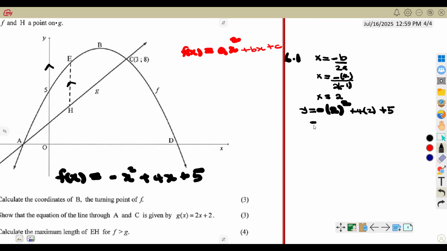Then make sure you use your calculator to simplify that so that we do not make mistakes.